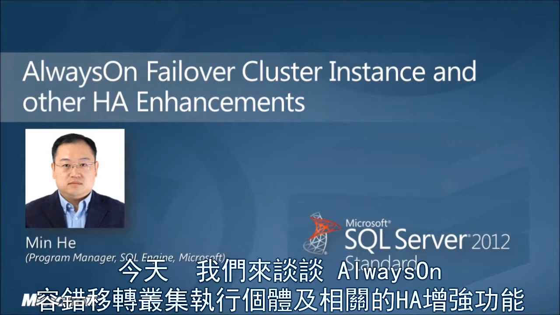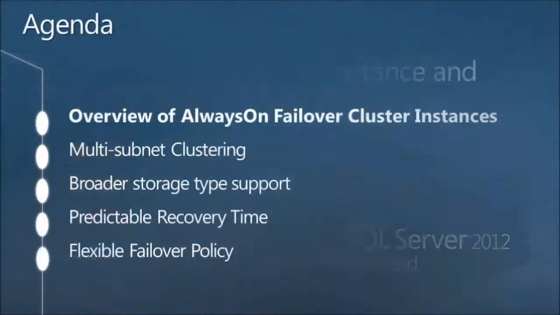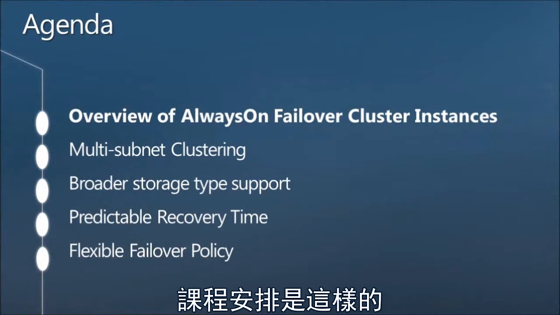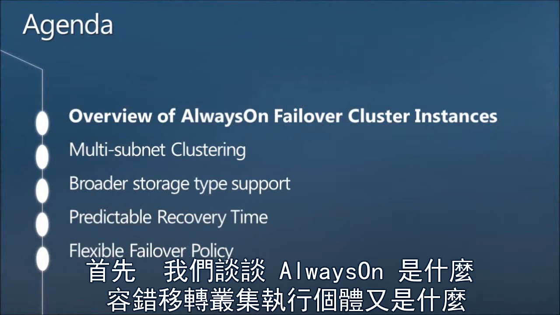Today I'm going to talk about Always On failover cluster instance and related HA enhancements. This is today's agenda. Firstly, I will talk about what is Always On and what is failover cluster instances.